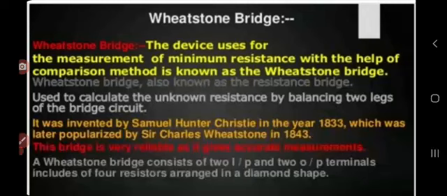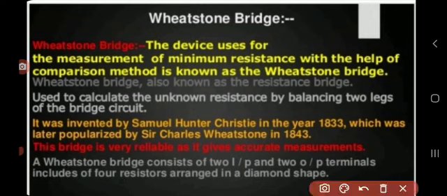Wheatstone bridge is the device used to measure the minimum resistance with the help of comparison method. Wheatstone bridge is also known as resistance bridge.